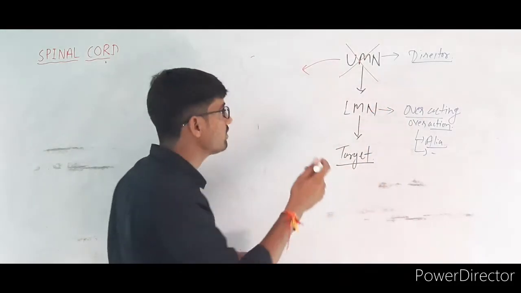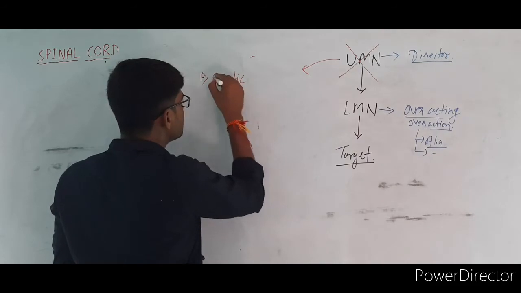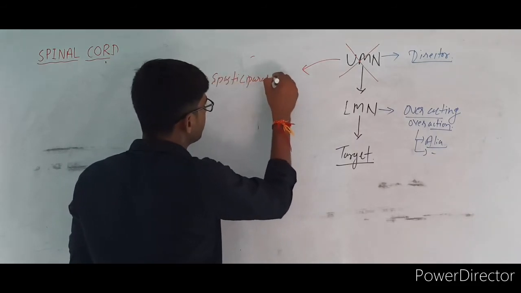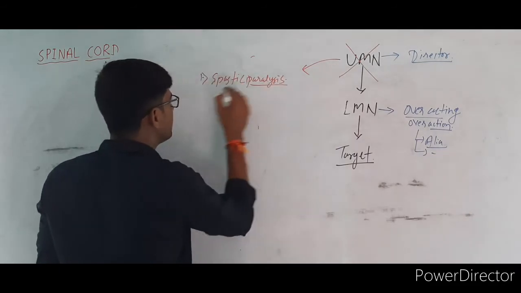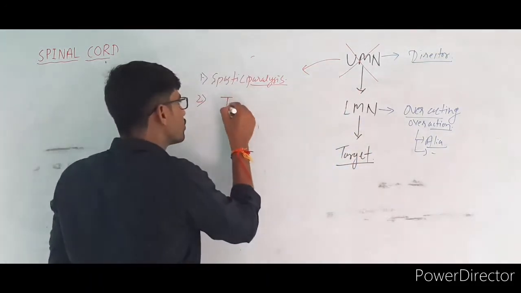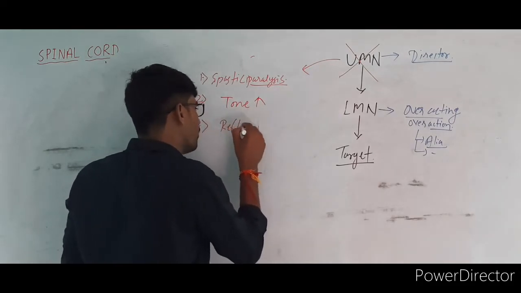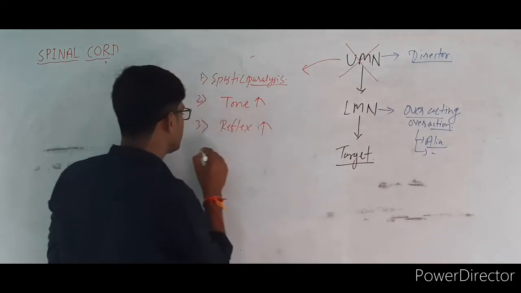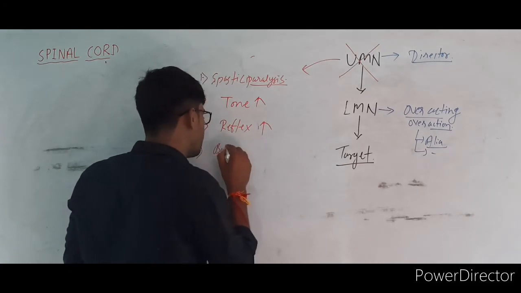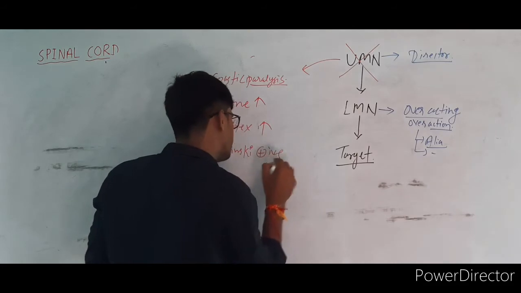If it overacts, it means what? Spastic paralysis, one thing. Second, tone will increase. Third, reflexes will also increase. And fourth, the Babinski sign will be positive.